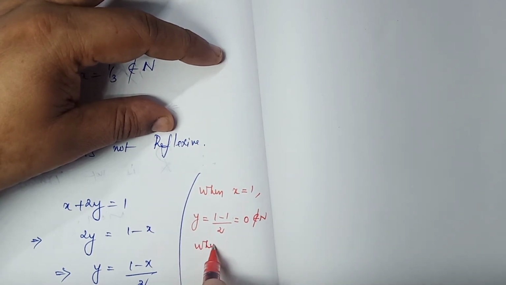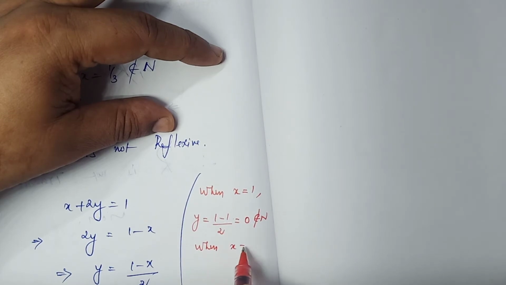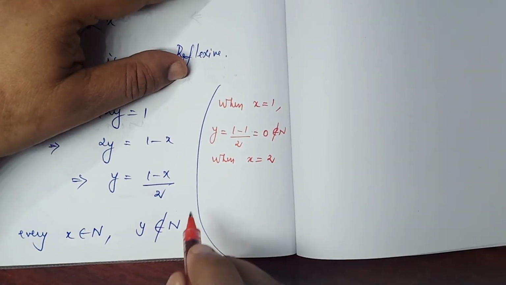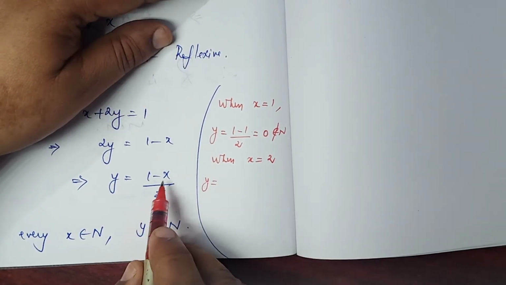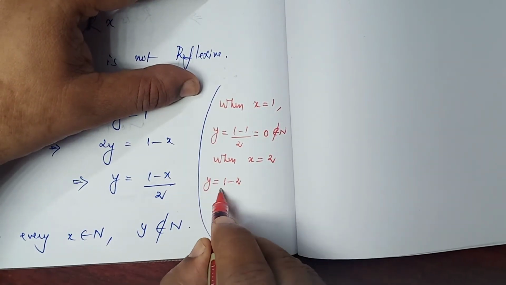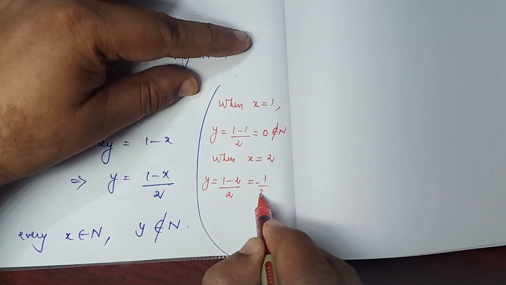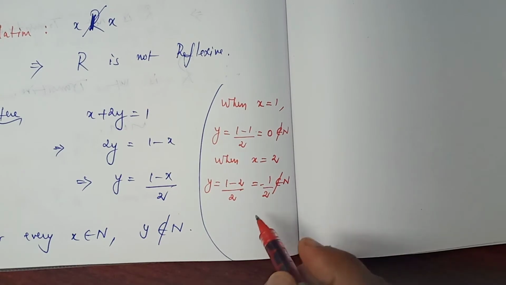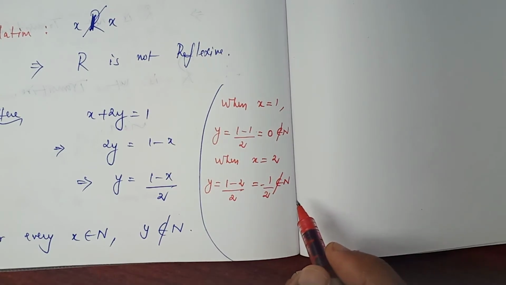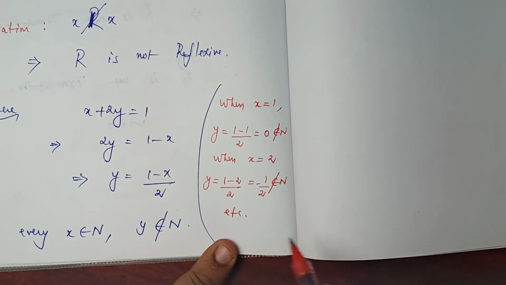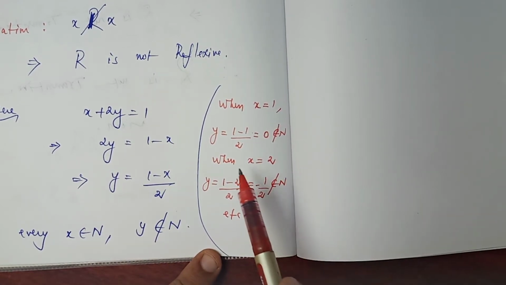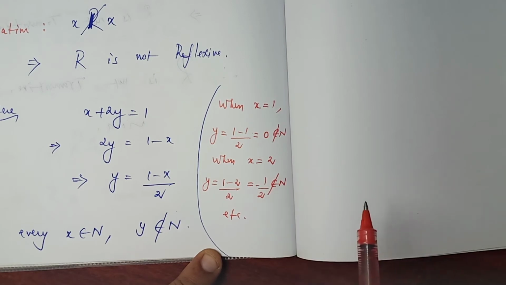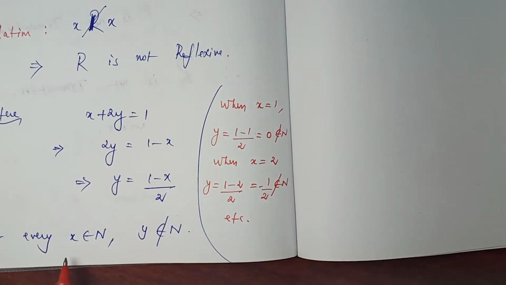Even if I take x equals 2, y equals 1 minus 2 divided by 2, that is equal to minus 1 by 2, which is also not a natural number. So minus 1 by 2 doesn't belong to N, and so on. In each and every case you are getting a value of y that is not a natural number.